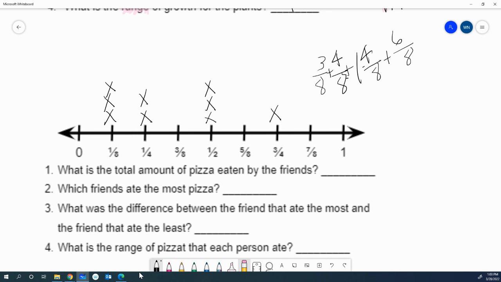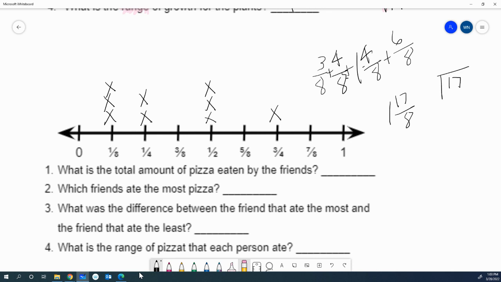Now we can add them together. I've got 1 and 3, 4, 5, 6, 7, 8, 9, 10, 11, plus 6 is 12, 13, 14, 15, 16, 17 eighths. Oh, goodness. We have to turn 17 eighths into a mixed number.